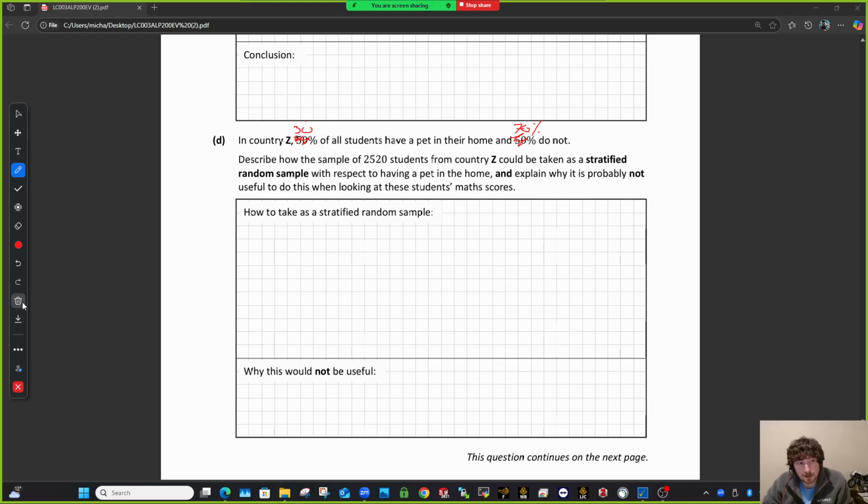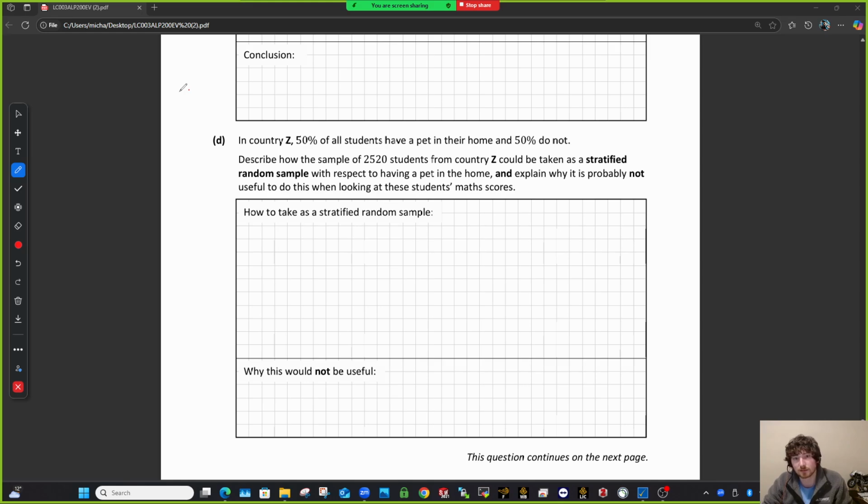So what stratified sampling is, it's where, say, you have 1,000 students in your school and you're interested in surveying them, right? You're sampling 100 people. You don't just pick 100 random people out of your 1,000 school. You want to pick a number of people from each year proportional to the number of people in that year.